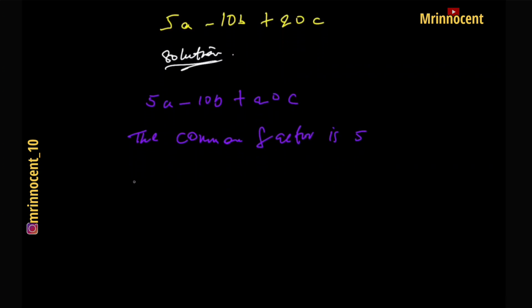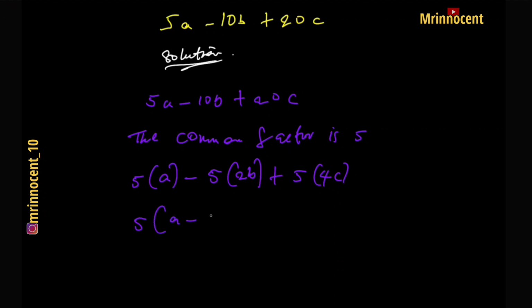So we have 5 into a minus 5 into 2b plus 5 into 4c. So therefore you have 5 bracket a minus 2b plus 4c.